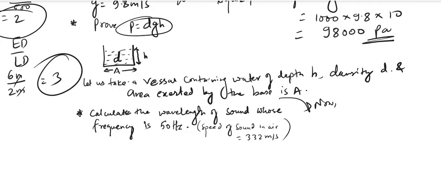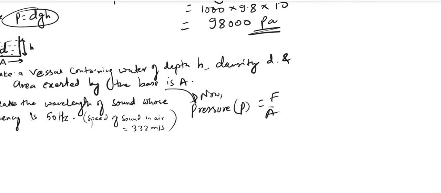Now pressure P is equal to force upon area is our formula, P is equal to F upon A. We know force means mass into acceleration due to gravity, upon area.